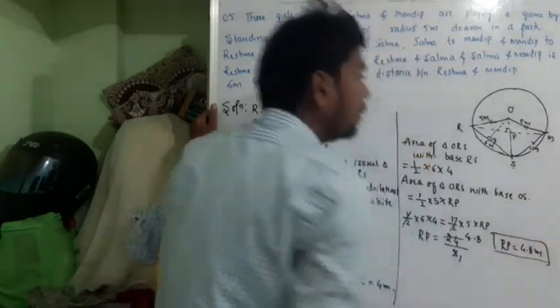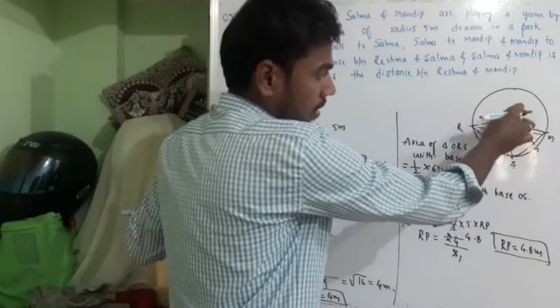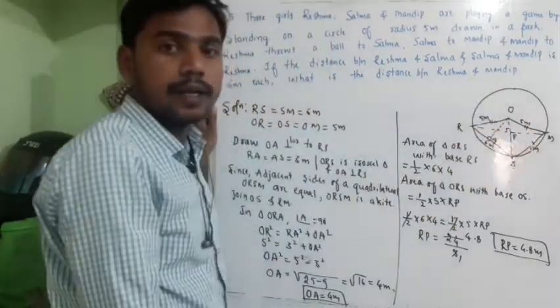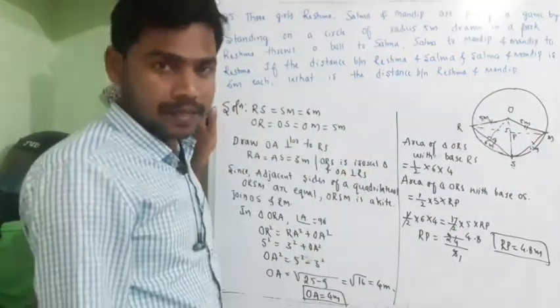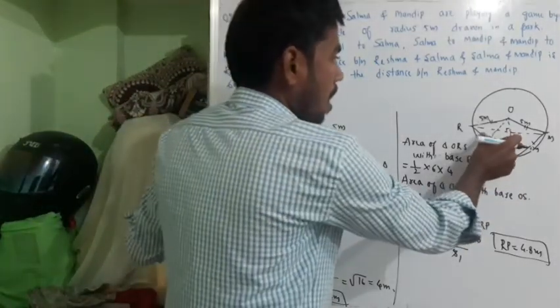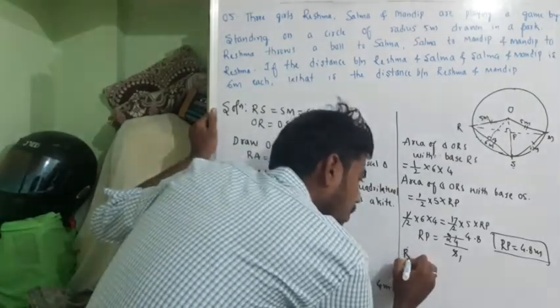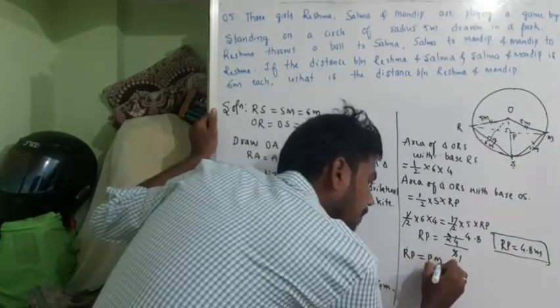Now, see, since we know that the diagonals of a kite are perpendicular bisectors, okay, so that is the reason RP is equal to PM.